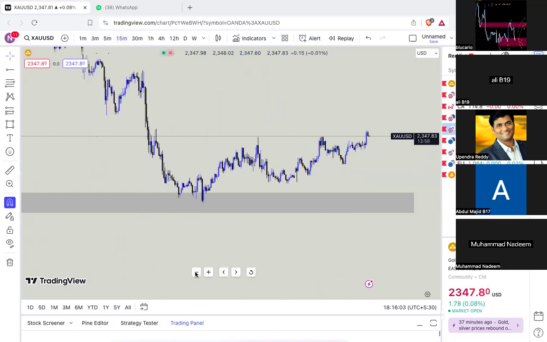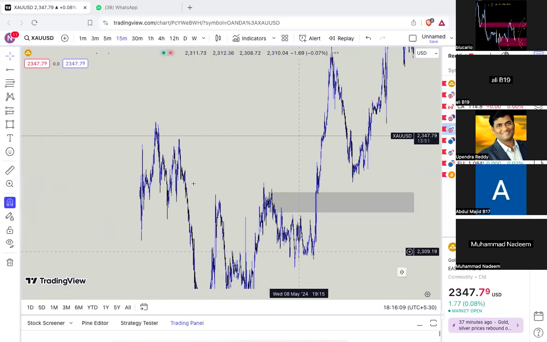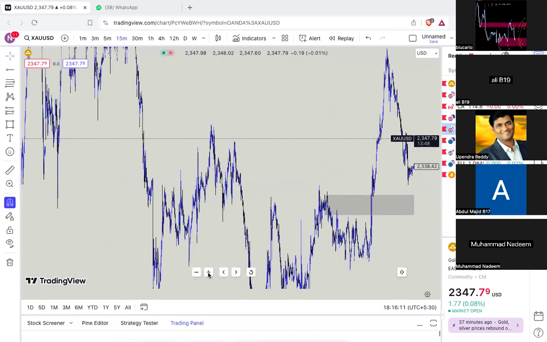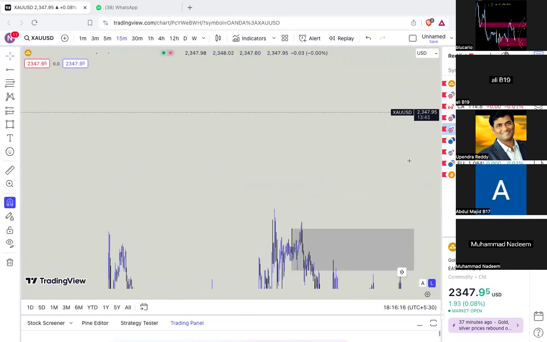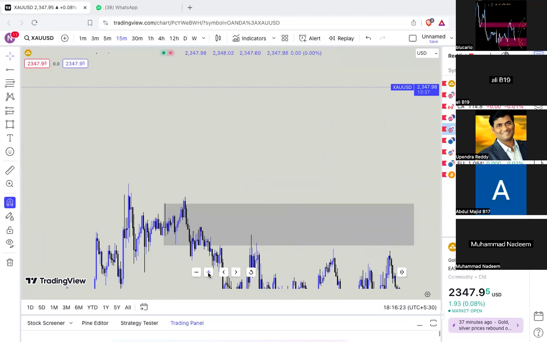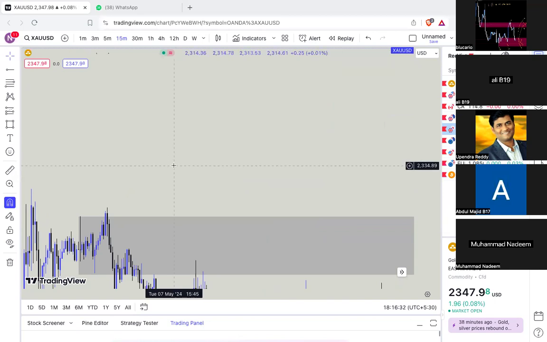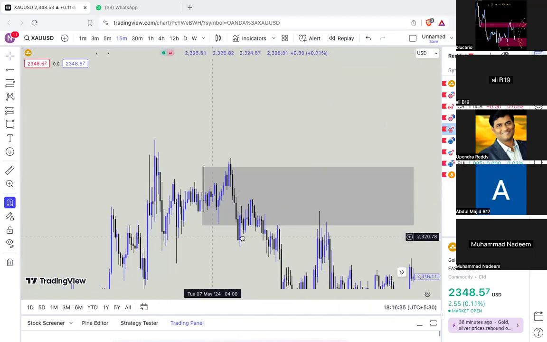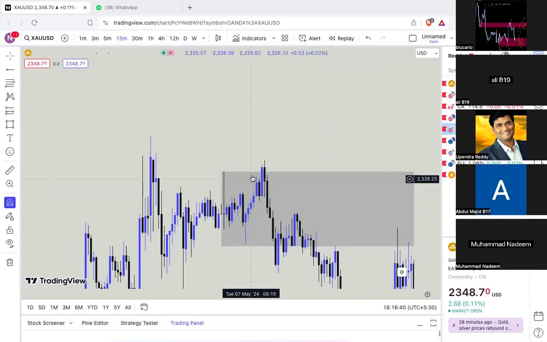Go to M15 and go to the beginning of this zone. You should come to beginning of this zone.